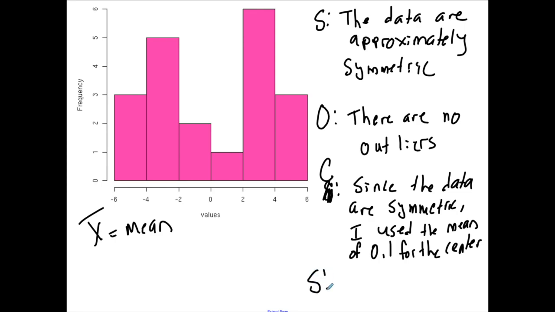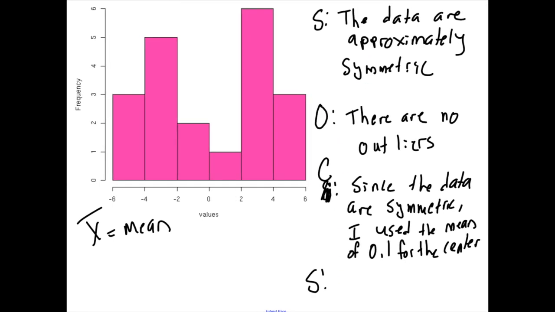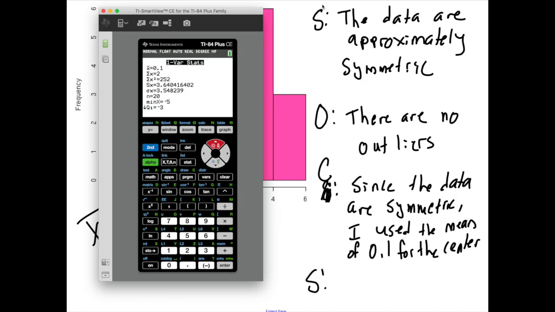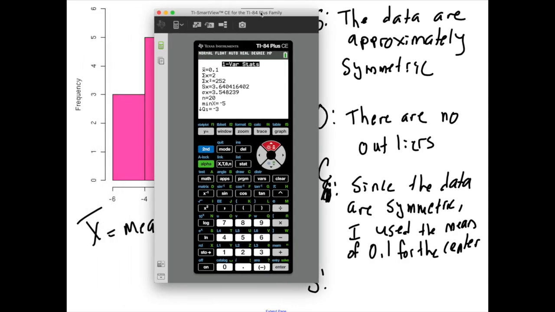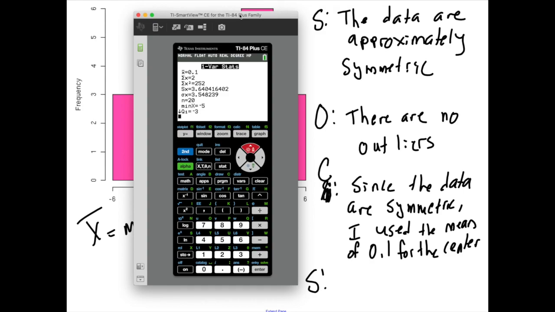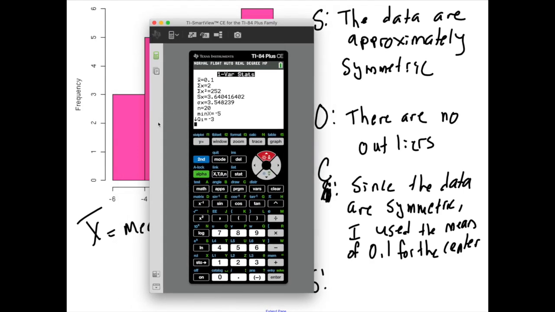Now spread. So for spread, we go with the standard deviation, and hopefully we'll just pop our calculator back. The standard deviation is essentially right here. So the standard deviation that we've got is 3.54. So on average, the numbers are about 3 away from the middle. And that's true, right?